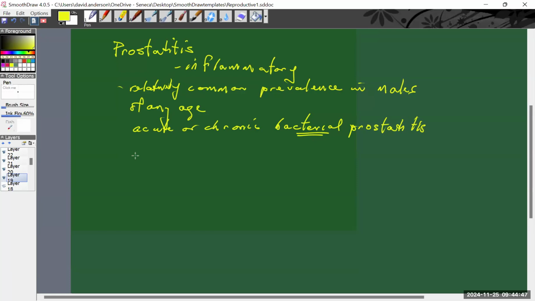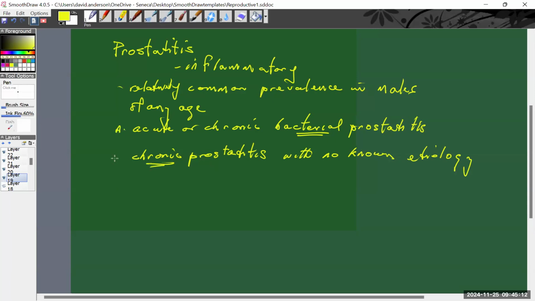So we can have another variation of chronic prostatitis. So chronic.